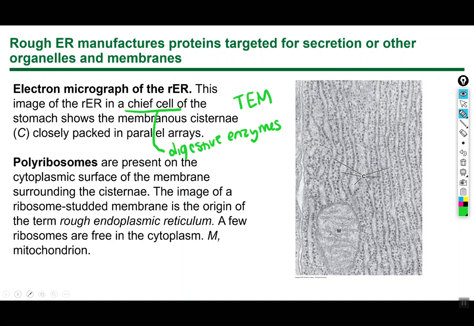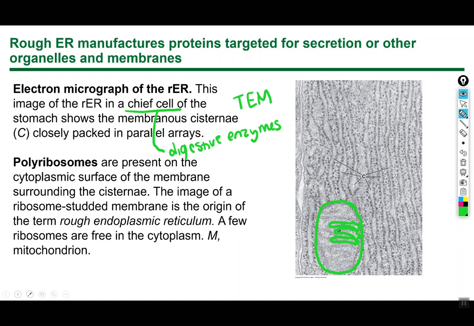So these are going to make things like pepsinogen, which helps with protein digestion. So it makes sense that they are sort of jam-packed with rough endoplasmic reticulum if their primary purpose is to make a protein for secretion into the stomach lumen. And then you can also see a mitochondrion with its outer and inner mitochondrial membrane there.